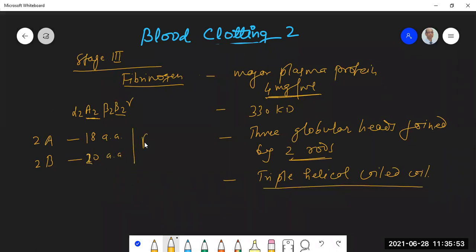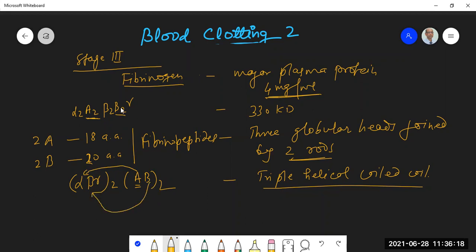These are called fibrinopeptides. So structurally, you can write it down like this also: alpha, beta, gamma twice. But for the sake of understanding that A fibrinopeptide is associated with alpha and B fibrinopeptide is associated with beta, I have written it like this.